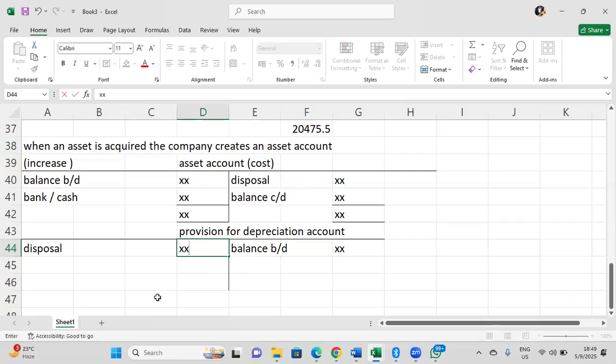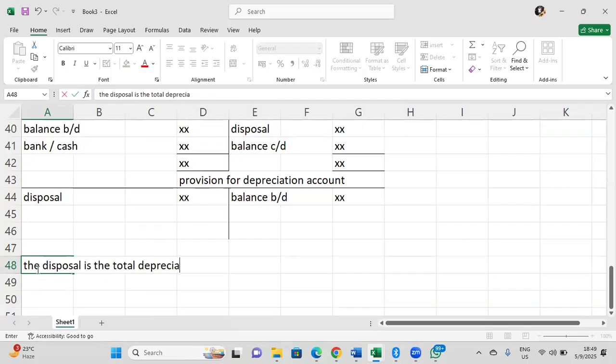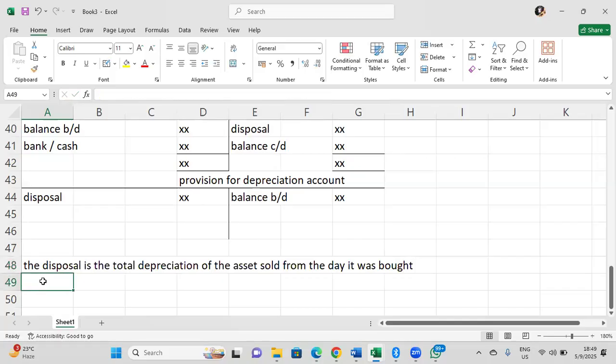So the disposal is the total depreciation of the asset sold from the day it was acquired.